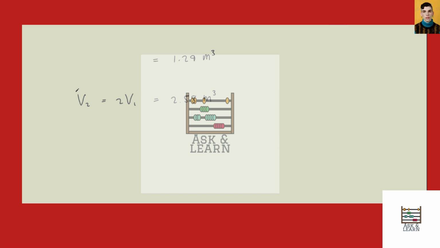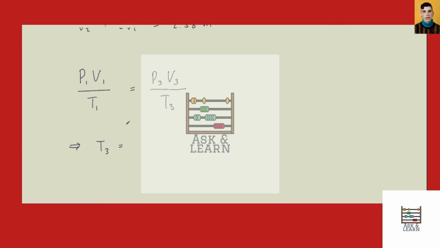Now we need to find the temperature at the final state. So we know that P1V1 over T1, the initial values, must equal the final pressure P3 V3 over T3. So this is the point at which the pressure is now doubled. If we rearrange this equation, we can solve for T3.